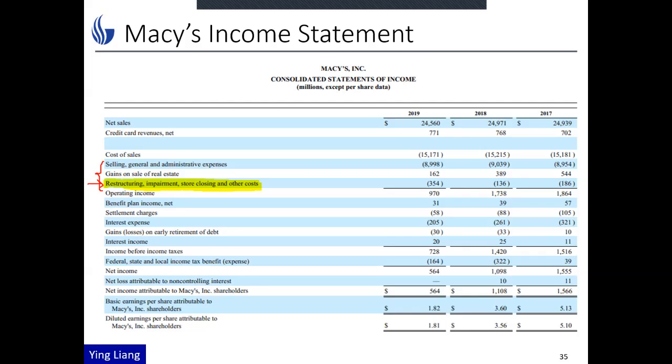Well, they must have started in 2016, 2015, but we just include 3 years in one income statement, and it is a negative one. So if it is a discontinued operation, it should be here, right? But it is not. Restructuring charges show up as an operating expense.